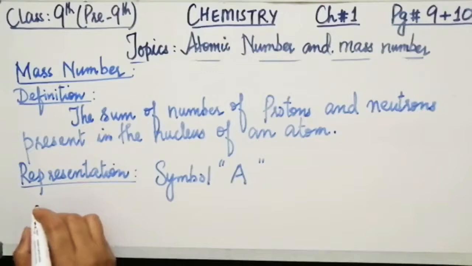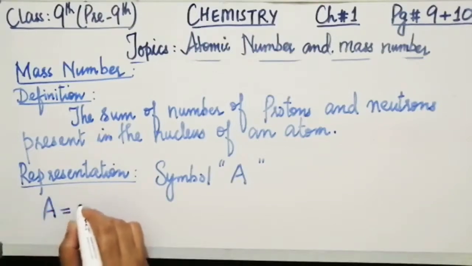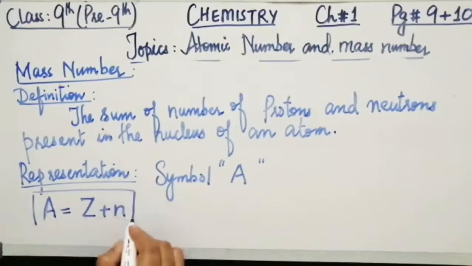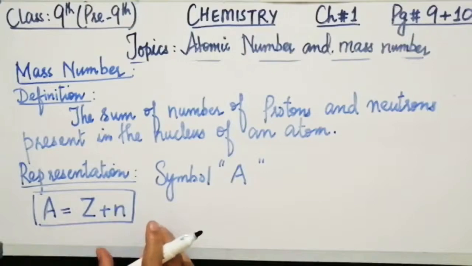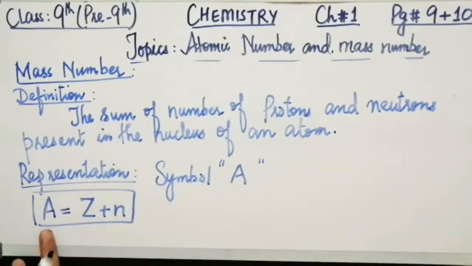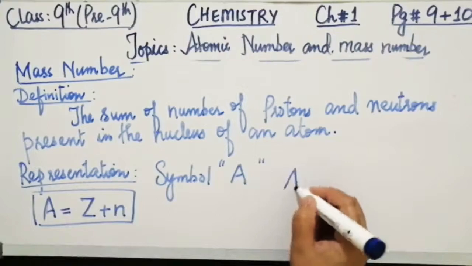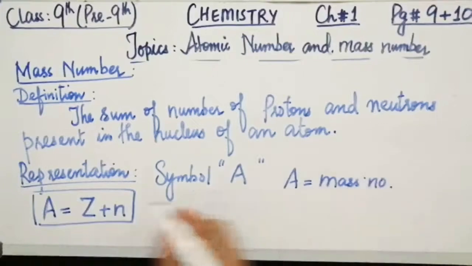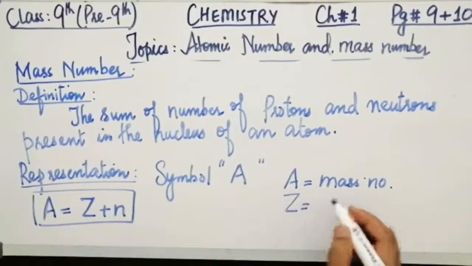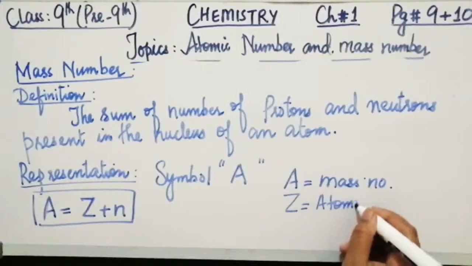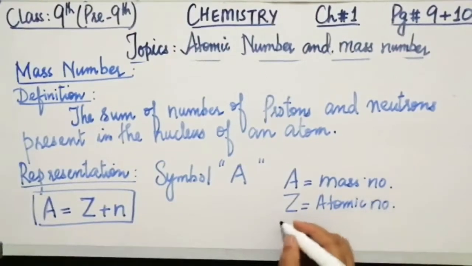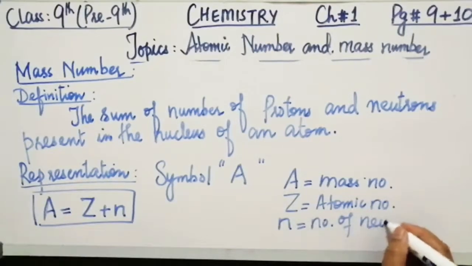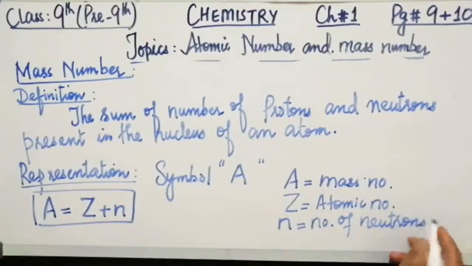It is calculated as A equals Z plus N. In this formula, which is normally used to find the mass number of an element, A represents the mass number, capital Z represents the atomic number, while small n represents the number of neutrons.